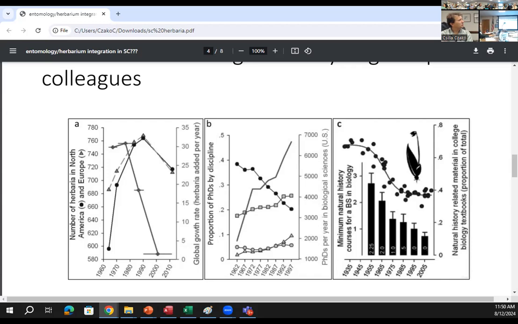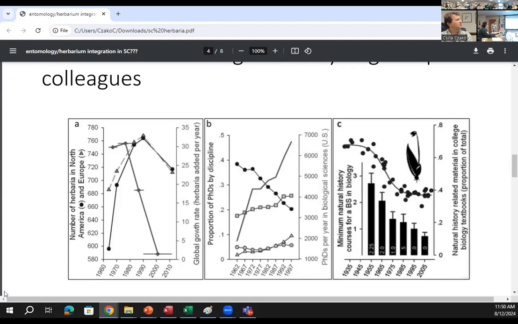Back in the 50s, universities were requiring two, three, four natural history and organismal courses for their graduates. Now Herrick and I, unfortunately, cannot do all of the natural history teaching at USC, and you can sneak through a biology degree at USC without getting any real natural history training whatsoever.